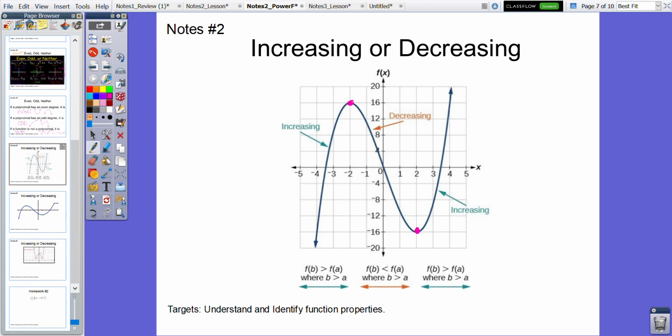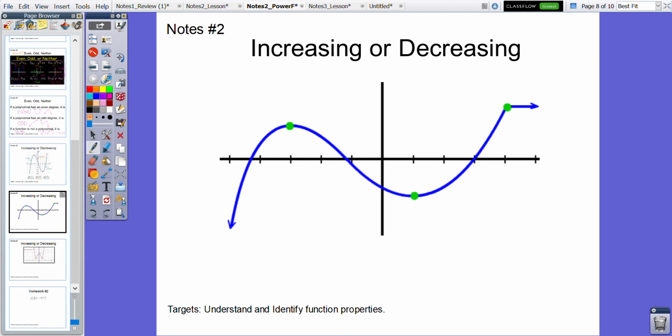Okay, this is a very general graph. I want to show you a more specific graph here. Looking at this function right here, this graph shows us the points where it kind of flattens out a little bit. After this first green point here, everything from the left up to that green point would be considered an increasing function.